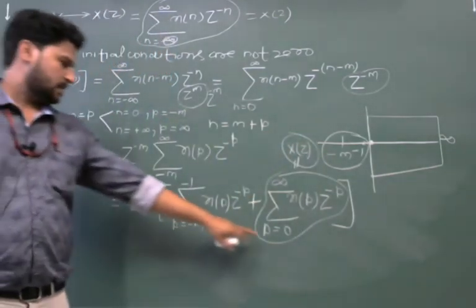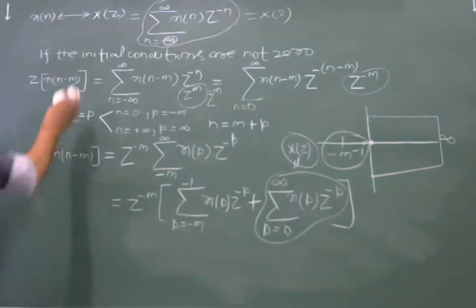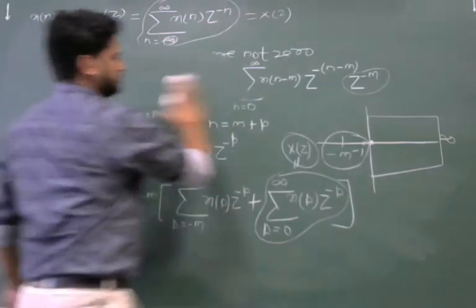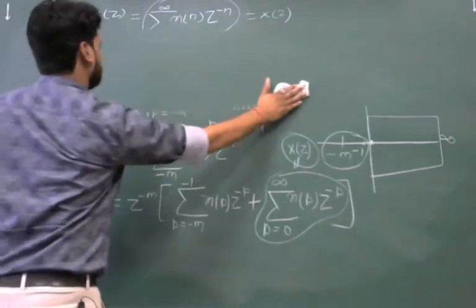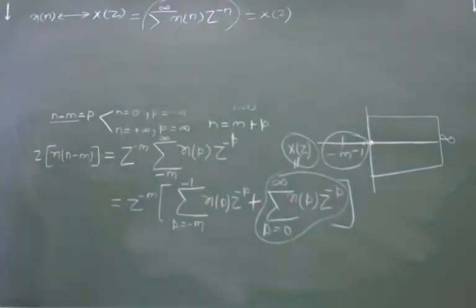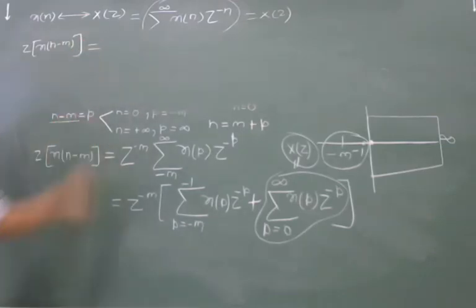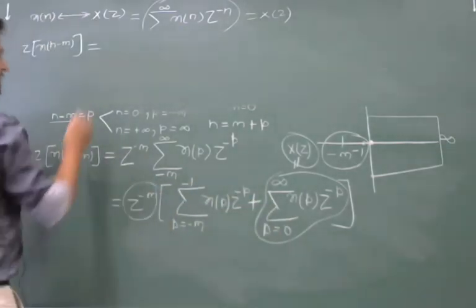So I can write in place of this x of z. So the z transform of x of n minus m will be equal to x of z multiplied by z power minus m.